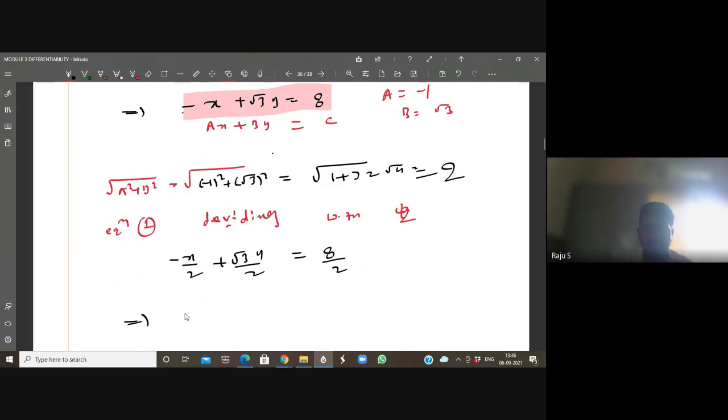Next step. Minus 1 by 2 of x plus root 3 by 2 of y is equal to 4.